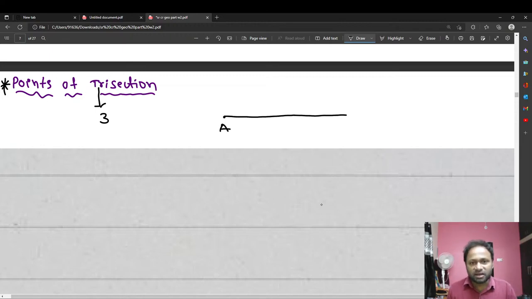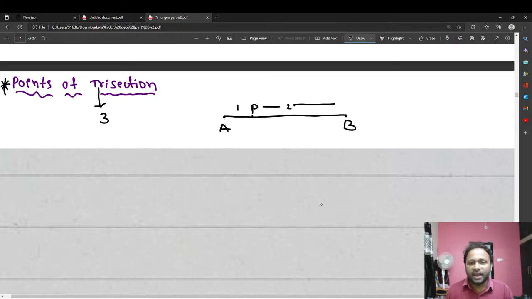Two points A and B are there, and I will take one point P, which divides the line joining AB in the ratio 1:2.